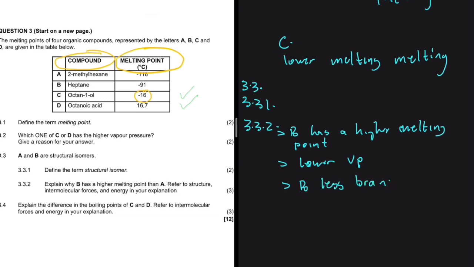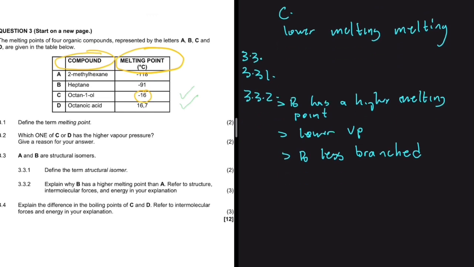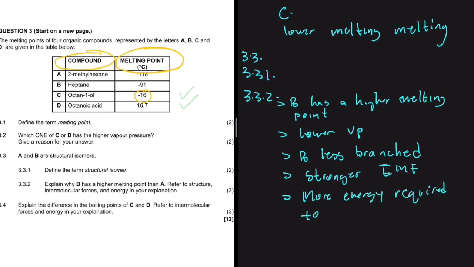B is a straight alkane while A is a branched alkane. If it's less branched, that will mean that we have stronger intermolecular forces. And stronger intermolecular forces will mean that we need more energy to break bonds in compound B, so more energy required to overcome IMF.